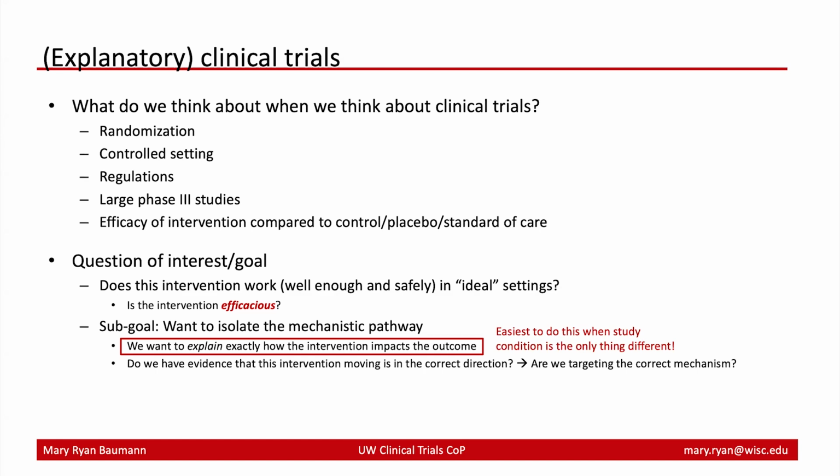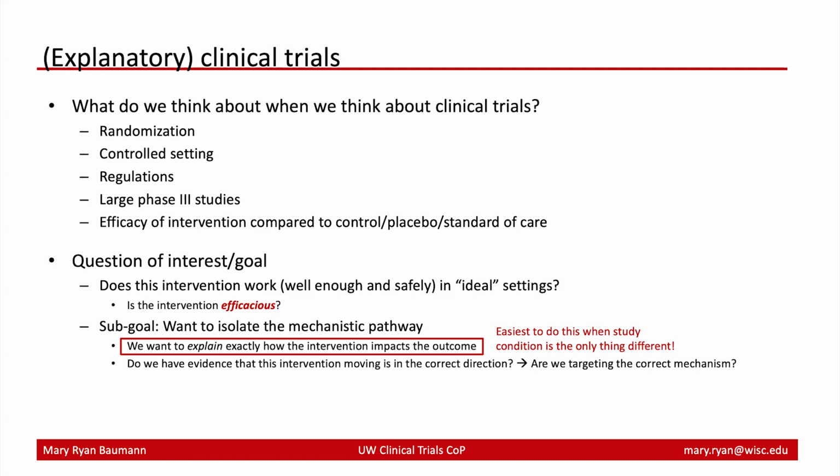And we do this for a couple of reasons. One, it helps us decide whether this intervention actually works theoretically. But two, even in the cases where your trial returns a non-successful result, we can still use the information from that trial to gather evidence about whether that intervention is moving in the correct direction.